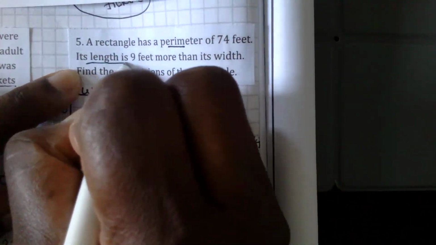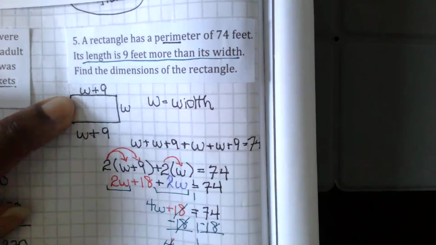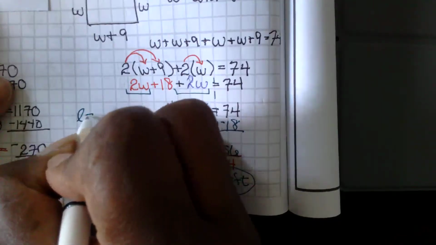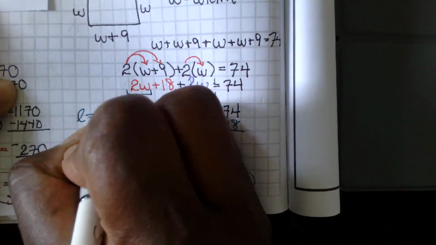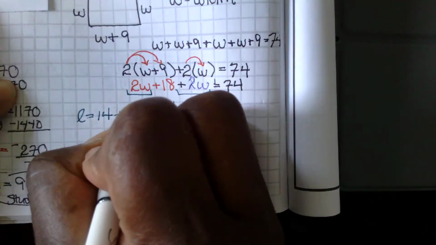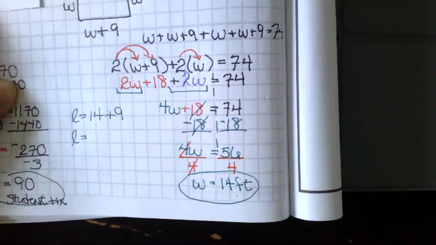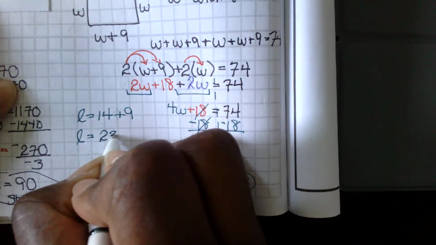The length is 9 feet more than its width. So that's that W plus 9. So if we're looking at our length, our W, which is 14, plus 9. So 14 plus 9, that gives us 23.